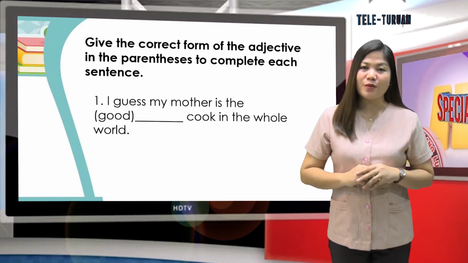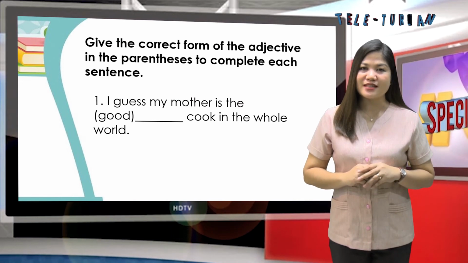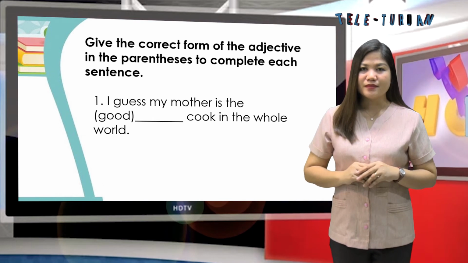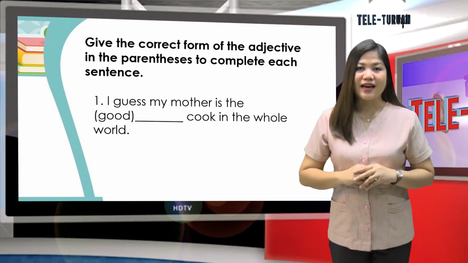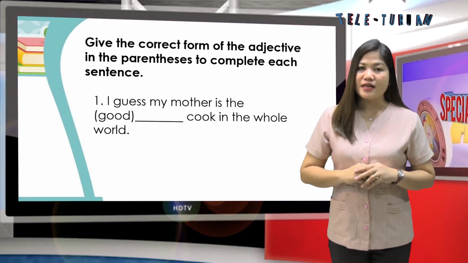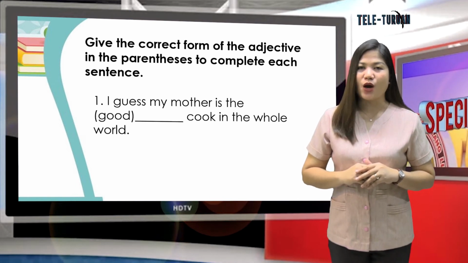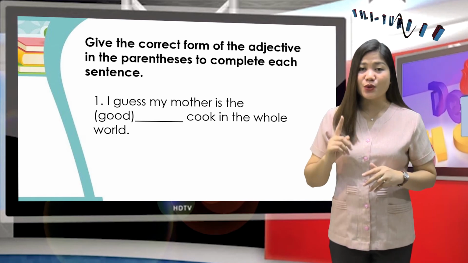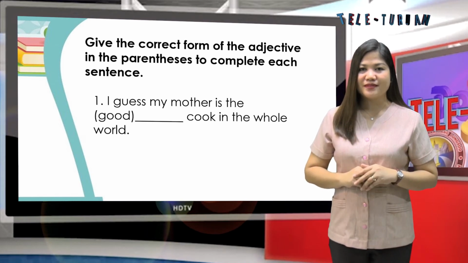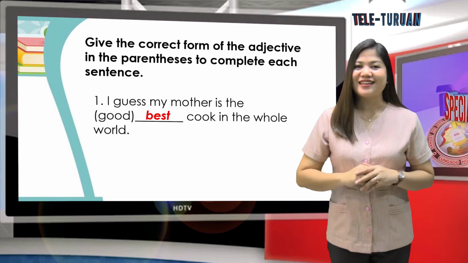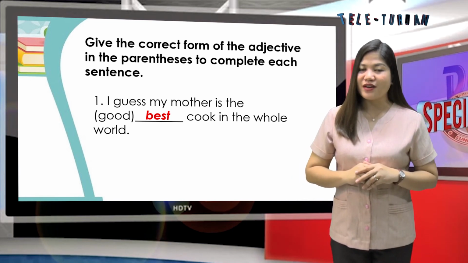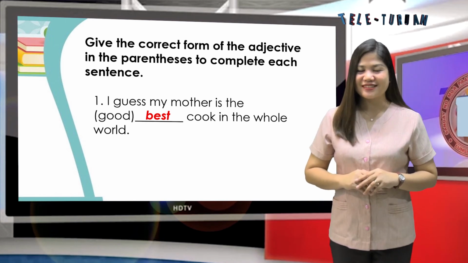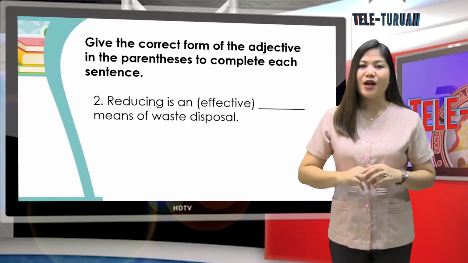Give the correct form of the adjective in the parentheses to complete each sentence. Number 1. I guess my mother is the blank cook in the whole world. The adjective is good. Correct! I guess my mother is the best cook in the whole world. Number 2.